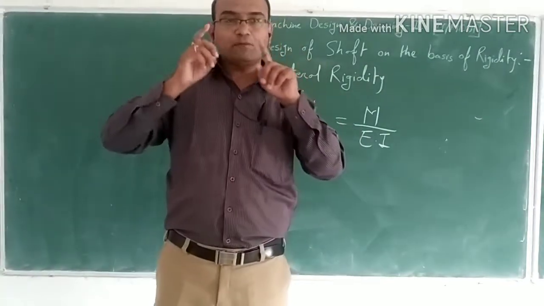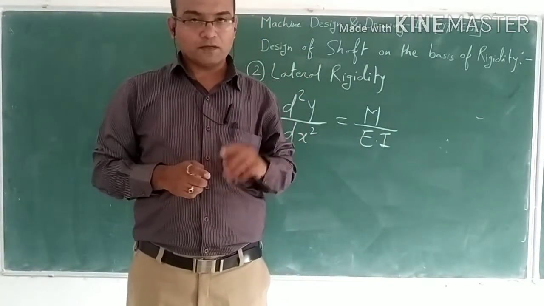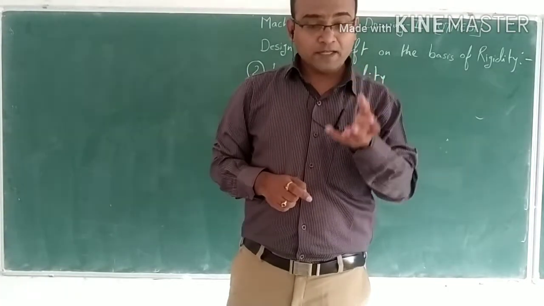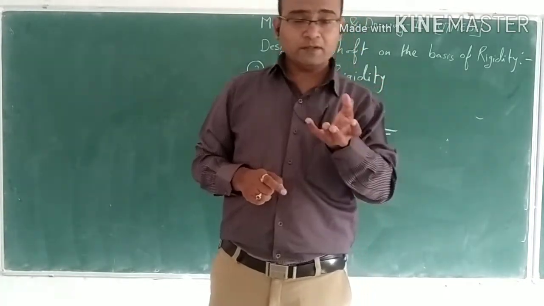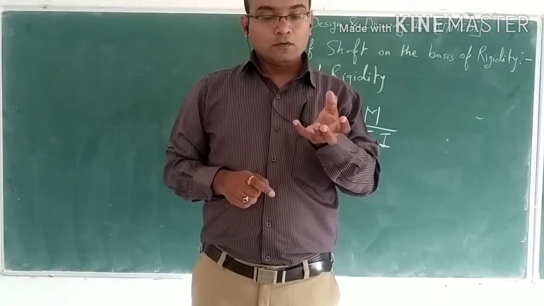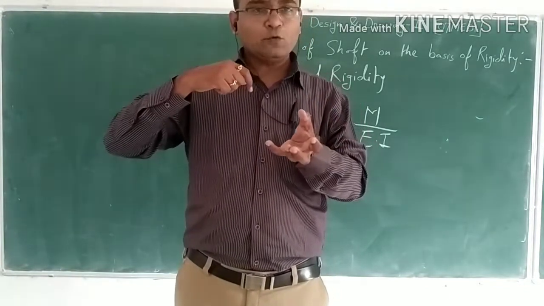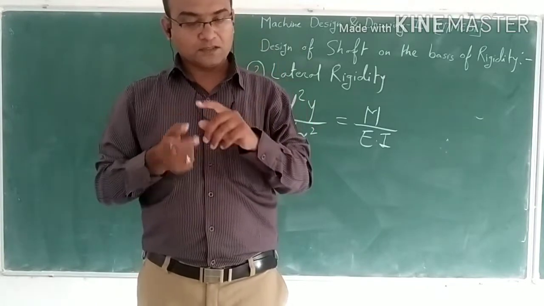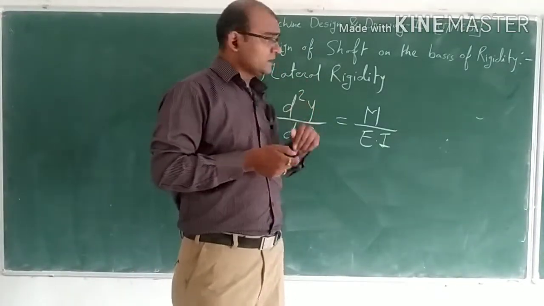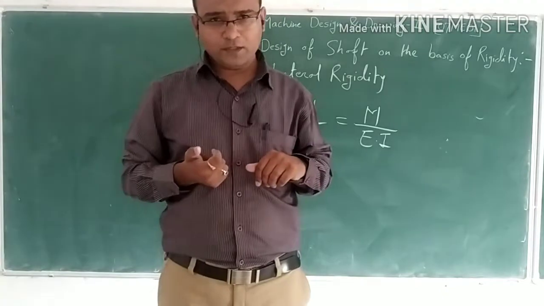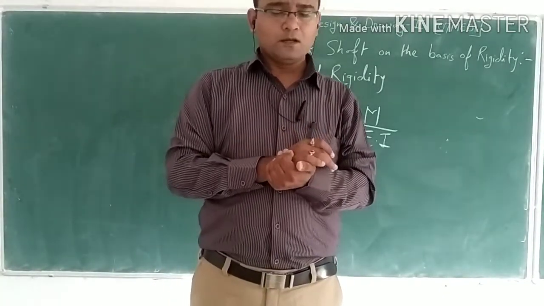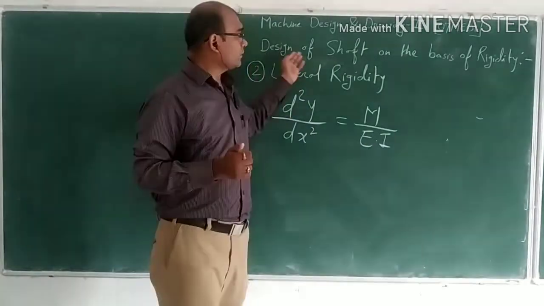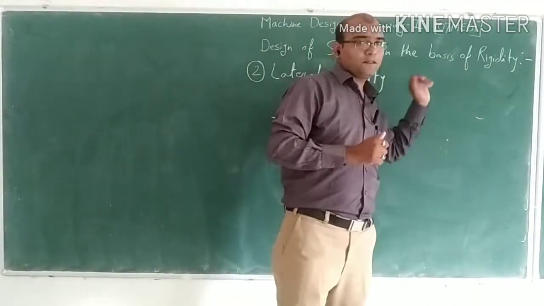So lateral rigidity is used when the shaft is vibrating, when it is running at very high speed. At that time we can use the lateral rigidity. Okay, so that covers the introduction to the design of shaft on the basis of rigidity.